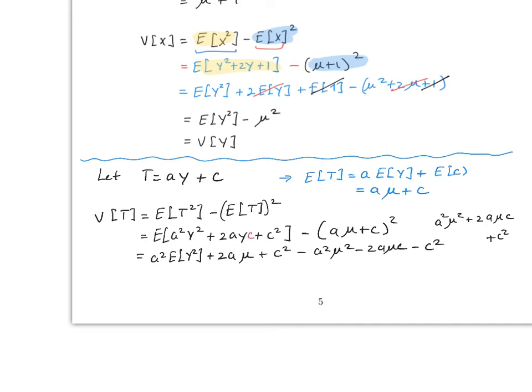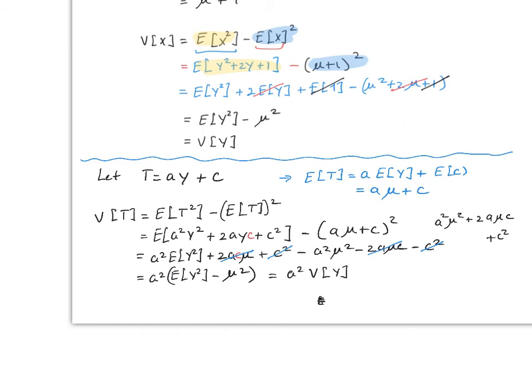So you can see the c squared will cancel this one, and the 2a mu c will cancel the 2ac mu. So what you have left is you can factor out the a squared. It will be the expected value of y squared minus mu squared. So this is a squared times the variance of y.